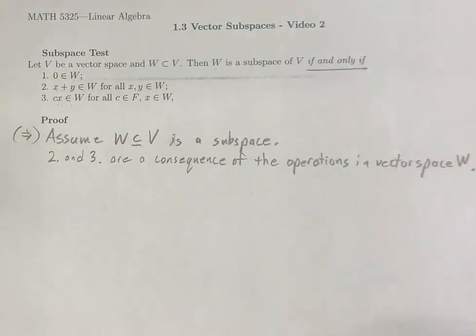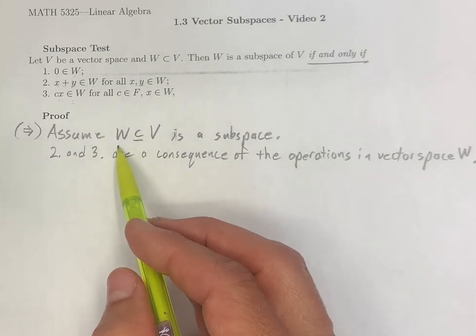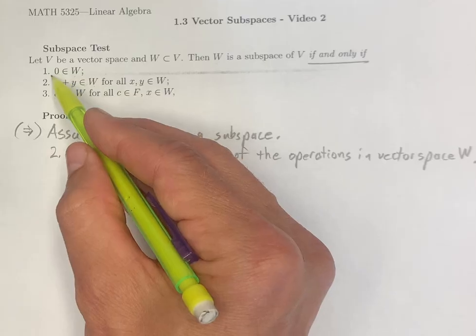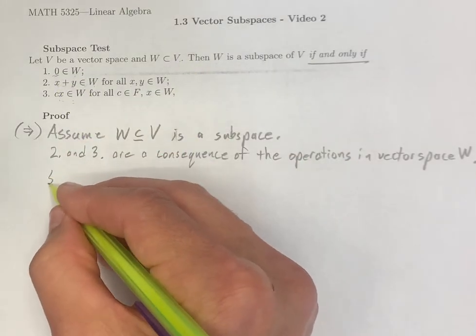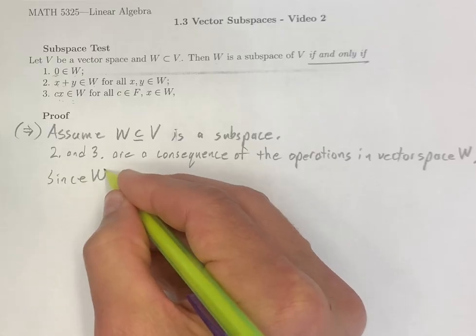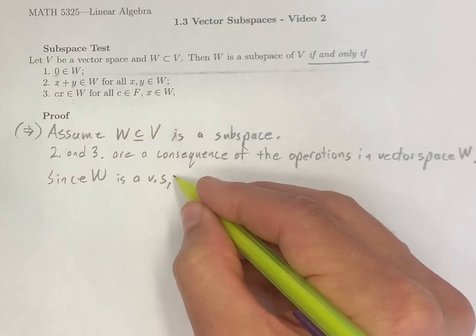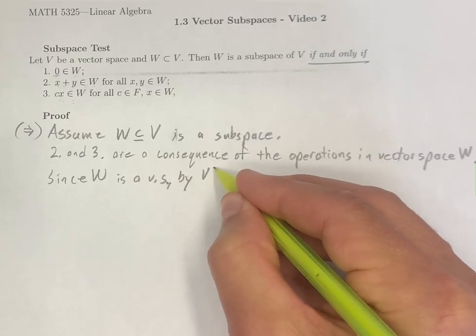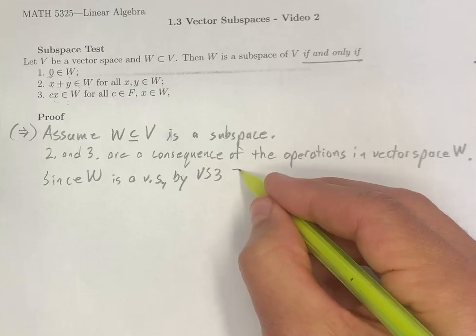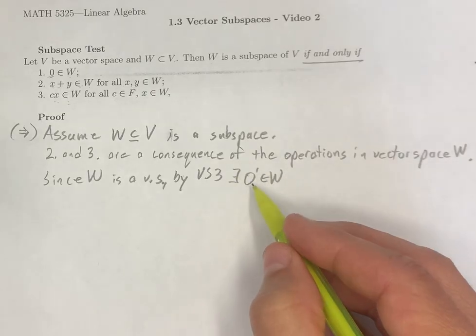What about the 0? Well, you know W is a vector space, so you know it has a 0, but does it have the same 0 as V? Since W is a vector space, by axiom VS3, there exists some 0. I don't want to assume it's the same one.